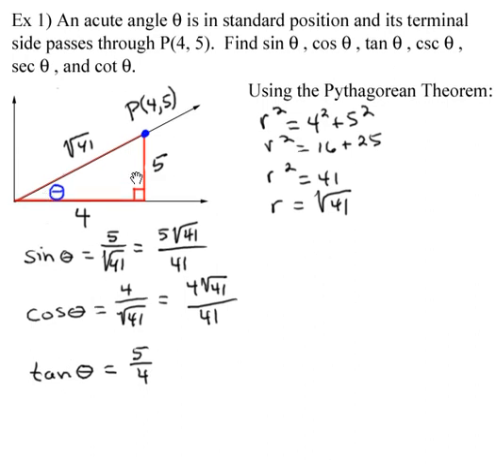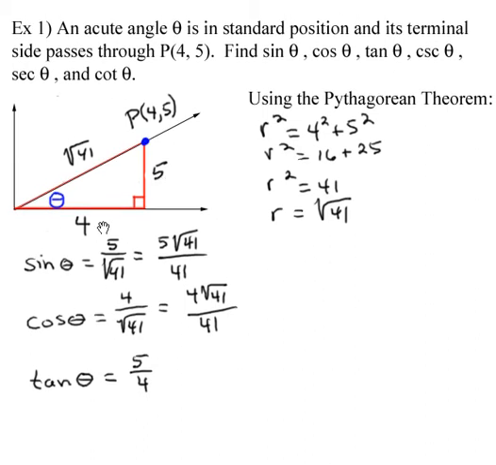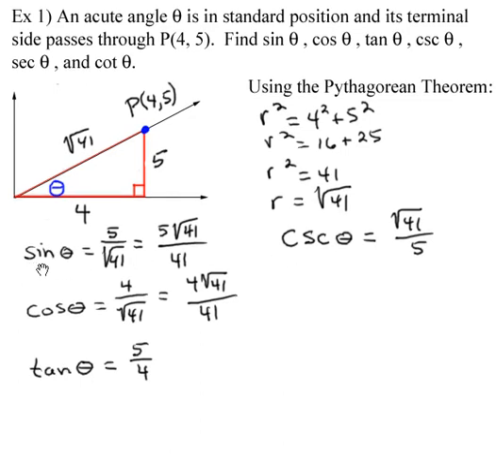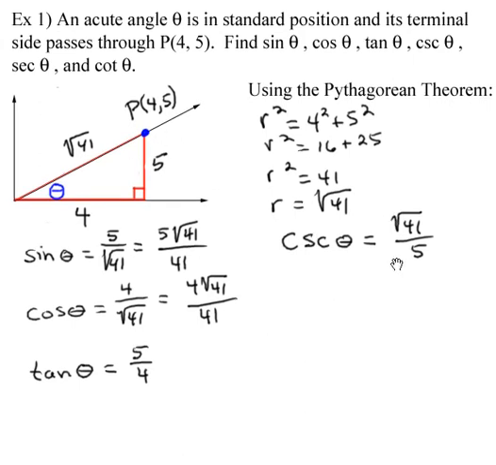Tangent, from here, is opposite over adjacent. So that's 5 over 4. That works out nicely. Cosecant is the reciprocal of sine, and it's helpful to learn the reciprocals. So let's stand here at theta again, and cosecant is going to be, at Christmas, Santa Claus says ho, ho, ho. So that's hypotenuse over opposite, or the square root of 41 over 5.